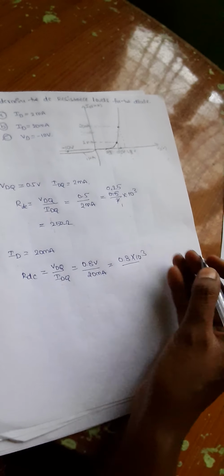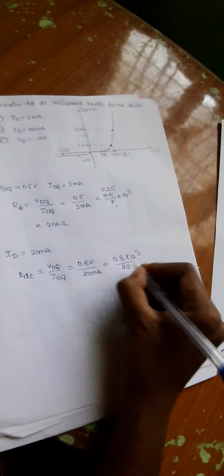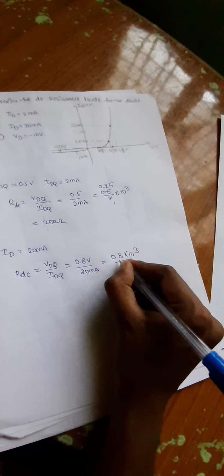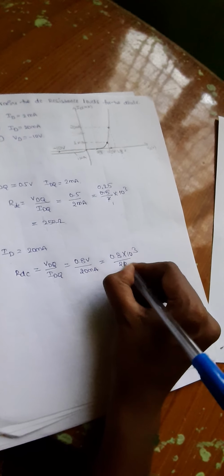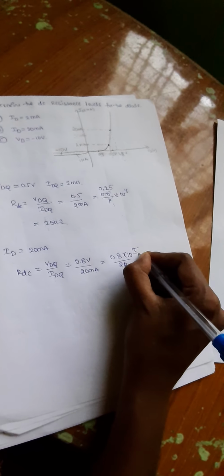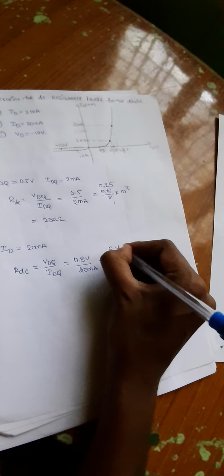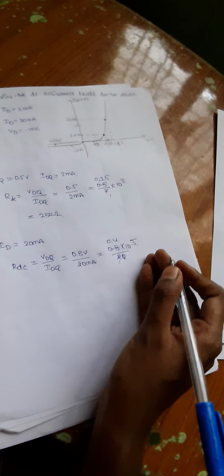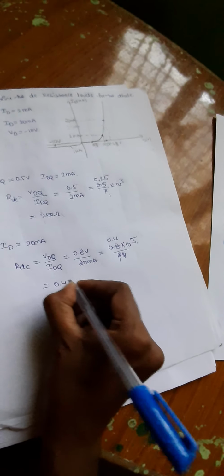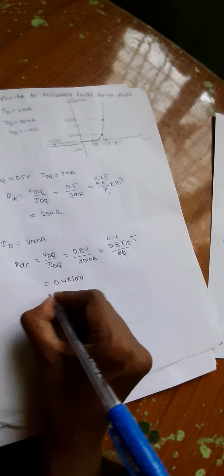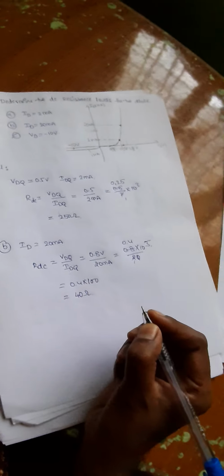Cancelling with the 20, we get only 10 squared. 0.8 divided by 2 is 0.4, and 0.4 into 10 squared, that is 0.4 multiplied by 100, gives 40 ohms.